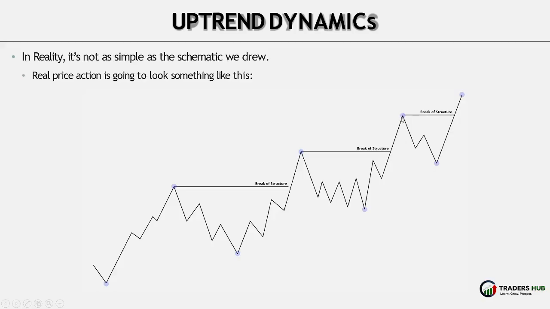Okay, after every higher high, we'll have a correction and form a new higher low. And as usual, we form a higher low, we break structure and form a new higher high. And that's it on the dynamics of an uptrend.